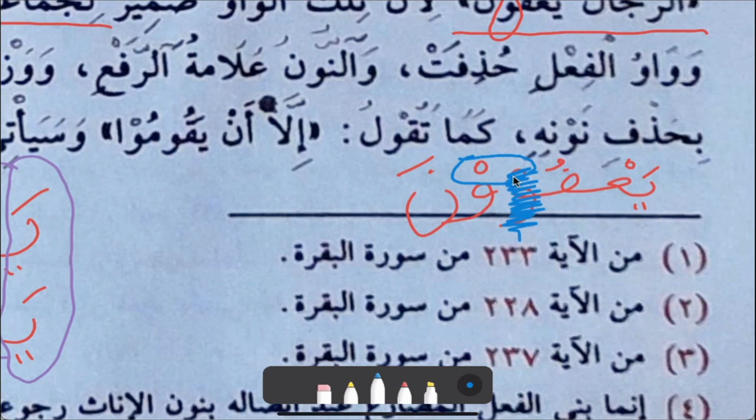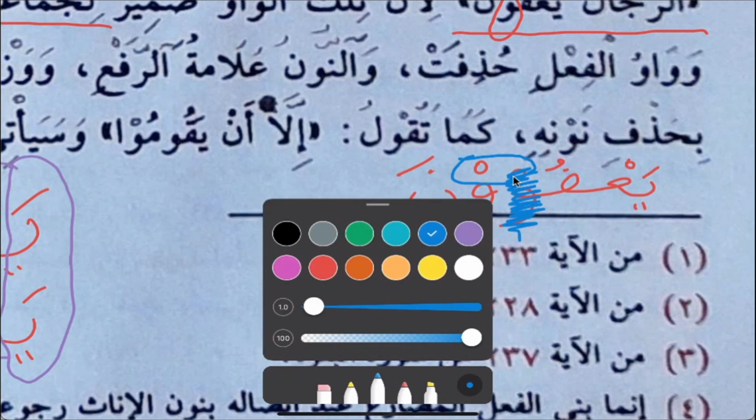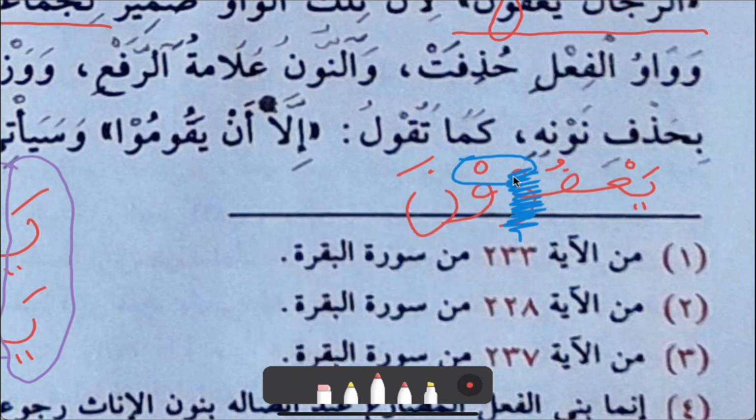So once we drop that sukoon right there, what did we do? We just connected the fa to the wow that's left, which is the pronoun now. It's not the wow that's originally from the verb. So then we're going to say ya'fun, they pardon for the men, but there's a transformation here.